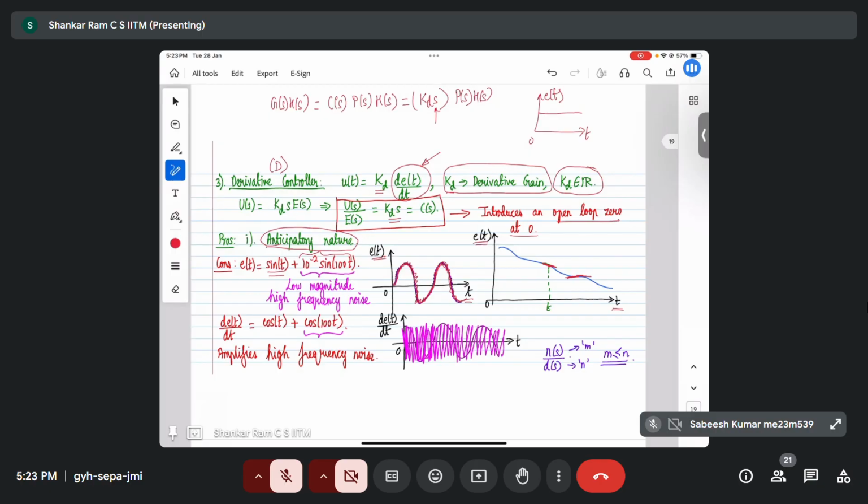So let us say we have such a signal overlapping the base signal. When we take the derivative, sin t becomes cos t, and 10^-2 sin 100t becomes 10^-2 times 100 cos 100t, because the derivative of sin 100t is going to be 100 times cos 100t, right? And 10^-2 and 100 will result in 1.